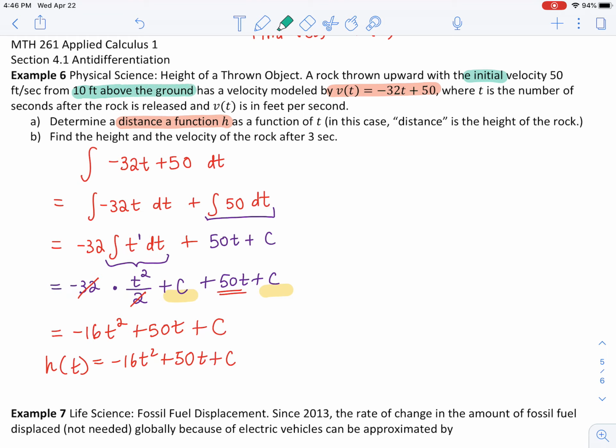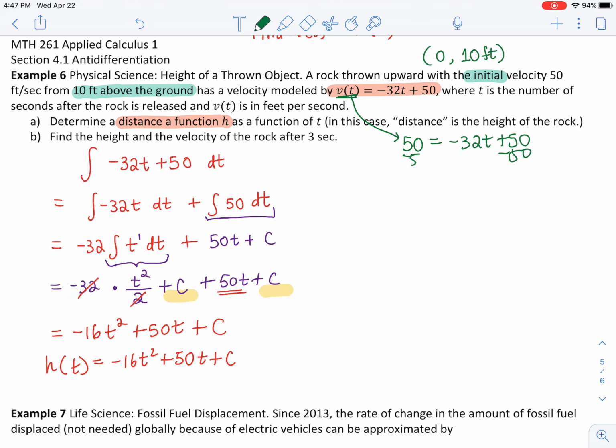I'm going to highlight this very important information: the initial height above the ground, 10 feet above the ground. So at time 0, this was already 10 feet above the ground, right? At t equals 0, this was 10 feet above the ground.